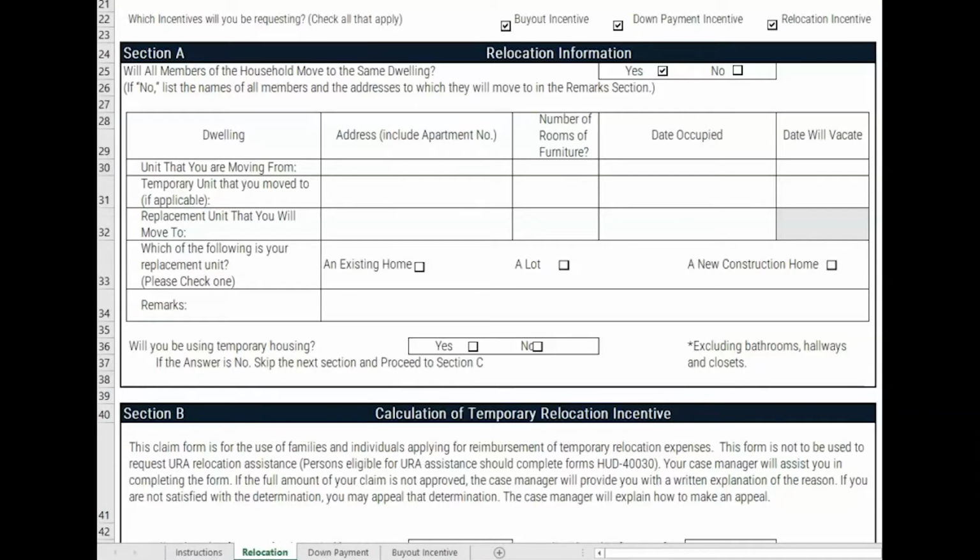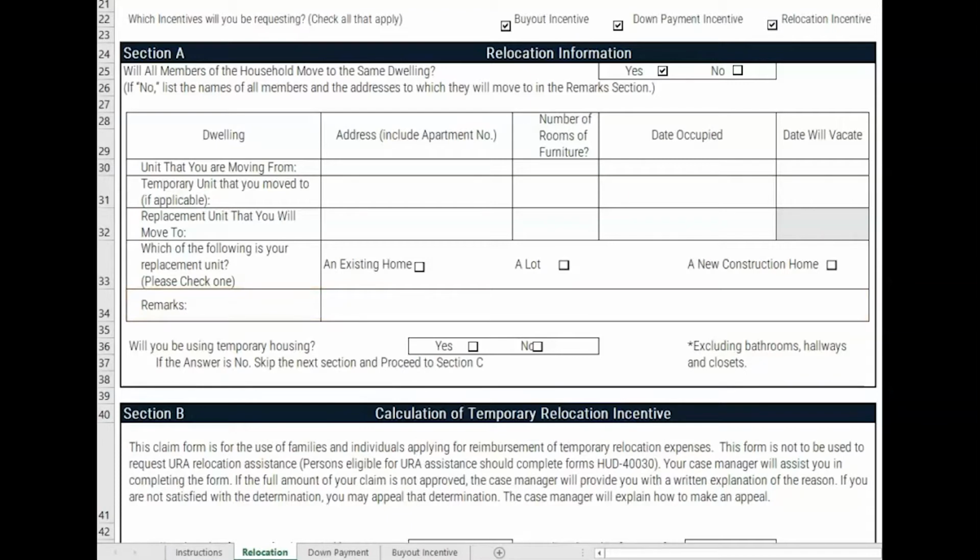If household members will move to different dwellings, applicants should list the names of all household members and the addresses they will move to in Excel row 34. If all of the household members and addresses do not fit into the cell provided, applicants should attach a document titled Remarks, where they will include additional information that didn't fit in the cell.